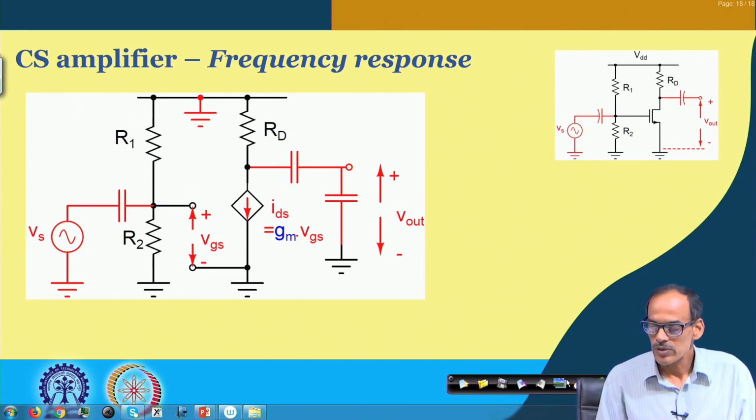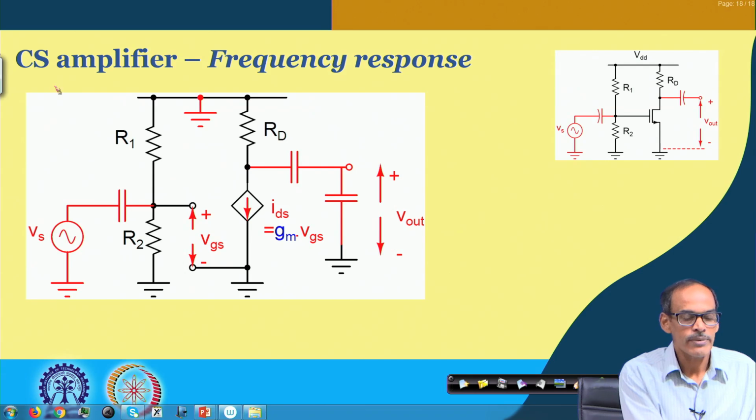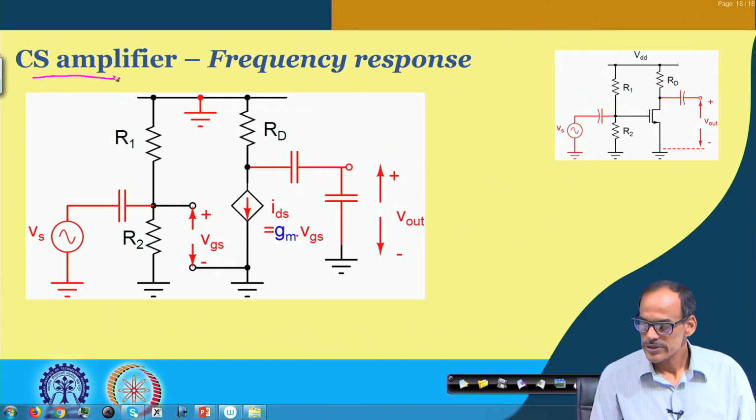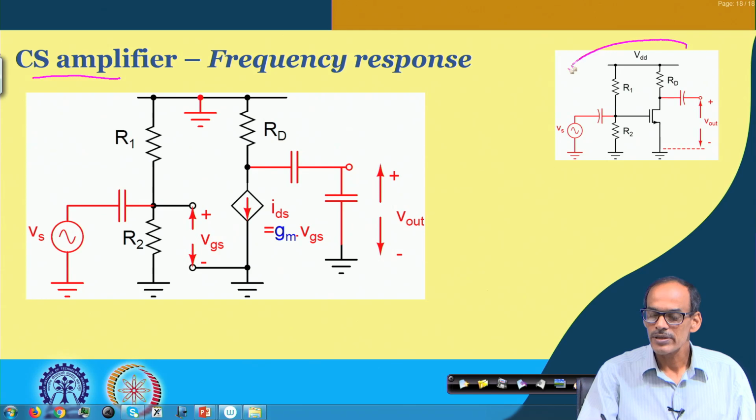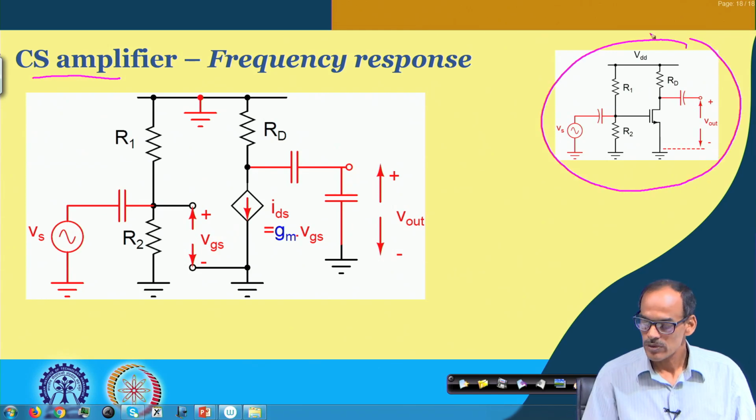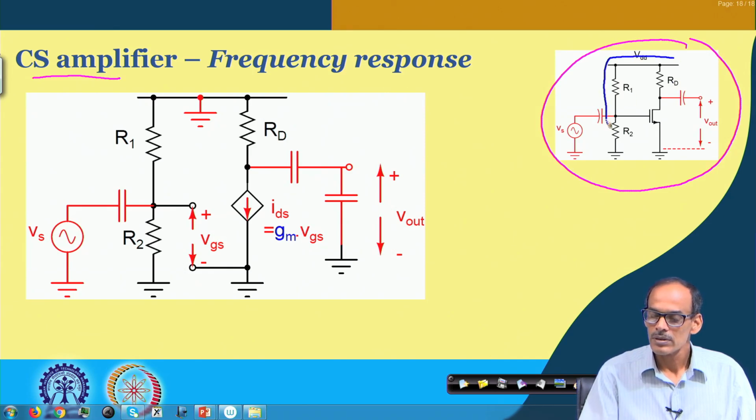Now, let me try to map that model, or rather actual circuit mapping to that unified model. So, say to start with, we do have a common source amplifier, and the circuit is given here for your reference. We have the main amplifier here, and then we are feeding the signal through this capacitor called, say, C1.